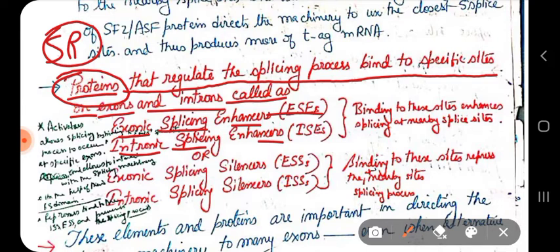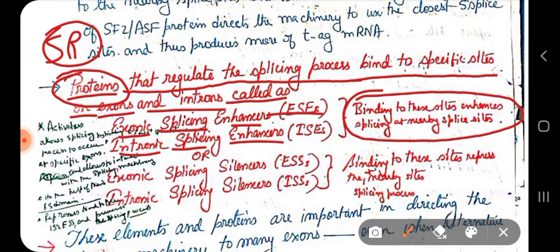If the proteins interact with these enhancer regions, either in the exons or in the introns, it will enhance the splicing machinery nearby the splice sites. Another site is the silencer, the exonic splicing silencer or intronic splicing silencer.